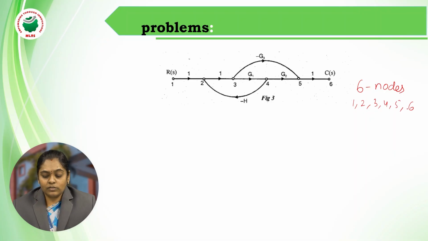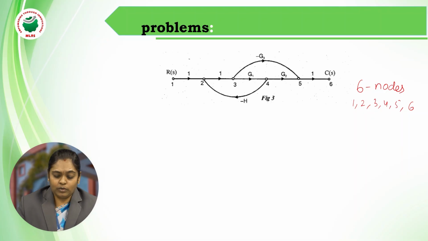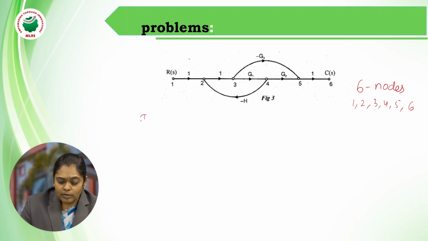The first step in the case of a signal flow graph is to check how many forward paths there are. The name itself indicates that a forward path is a path which gives information about how the signal is going from the input node towards the output node. So here the input node is 1 and the output node is 6.